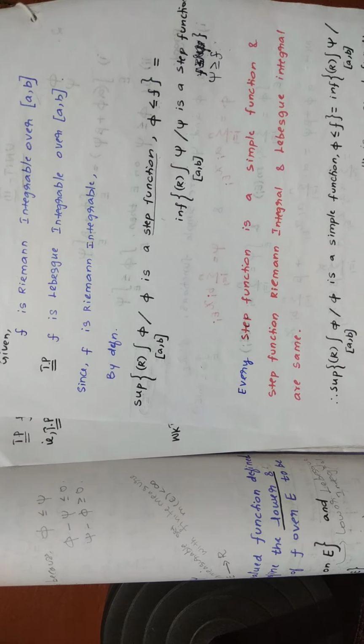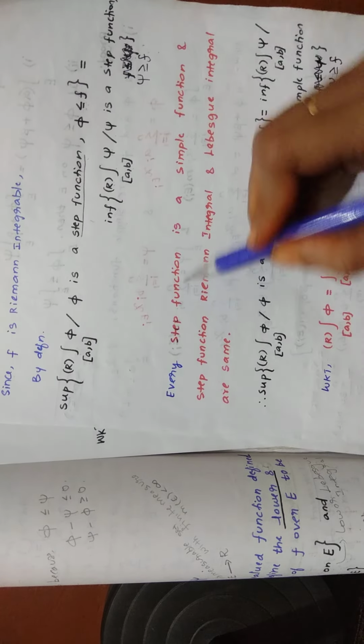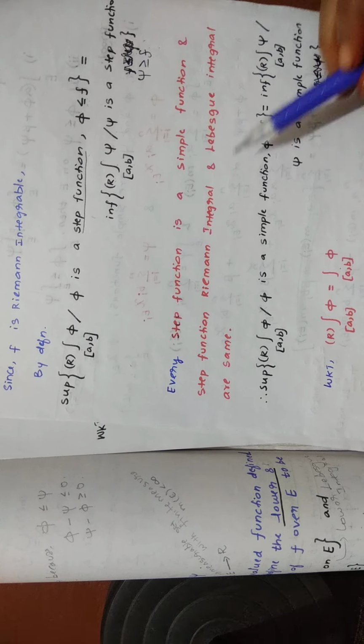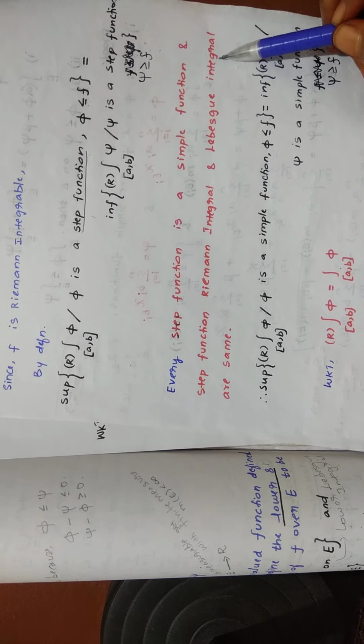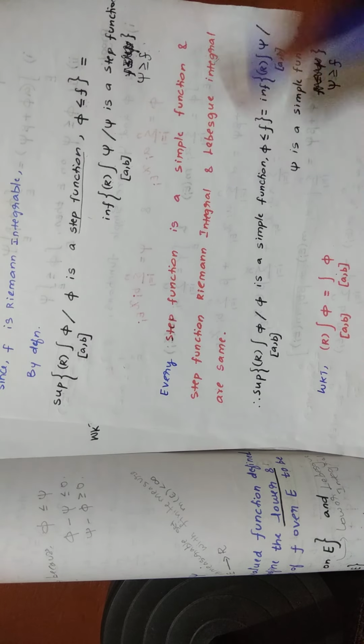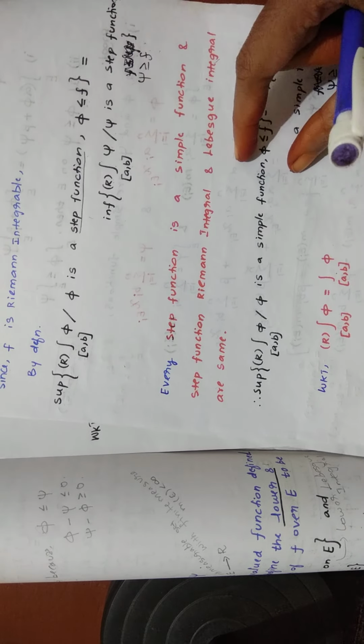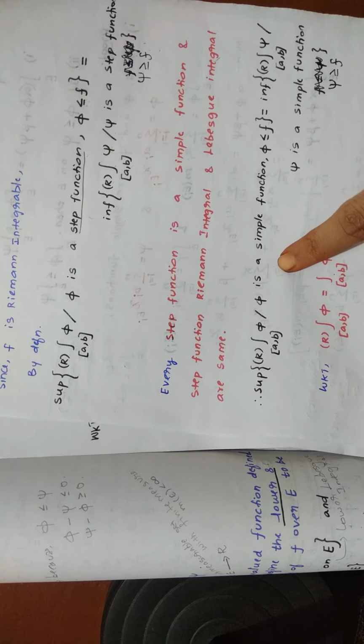Since every step function is a simple function, the Riemann integral and Lebesgue integral of a step function are the same. Therefore, for a step function, the Riemann integral and Lebesgue integral both are the same. From that result, you can write this.